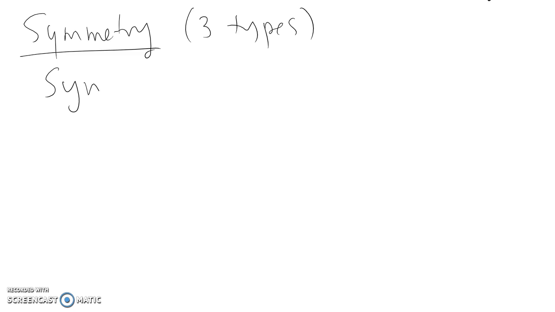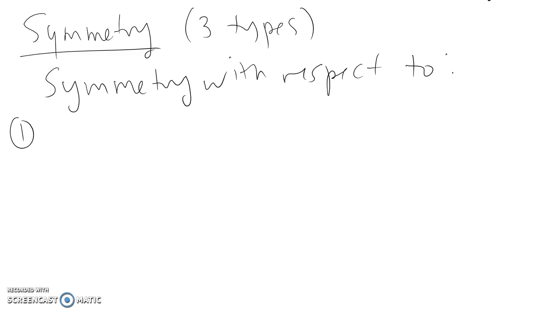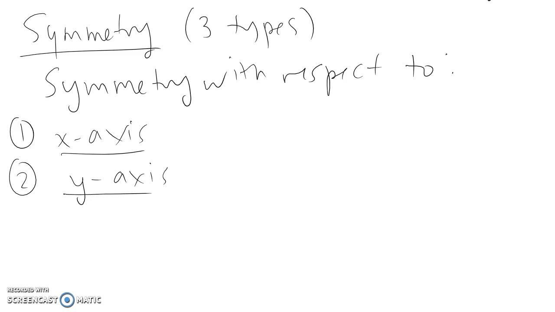Our 3 types are called symmetry with respect to, the first one, the x-axis. The second one is with respect to the y-axis. And the third one is with respect to the origin.